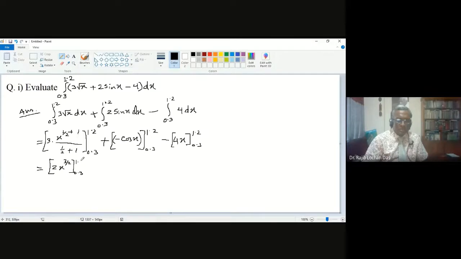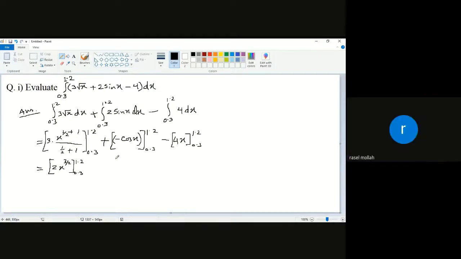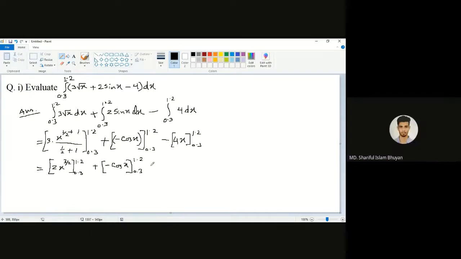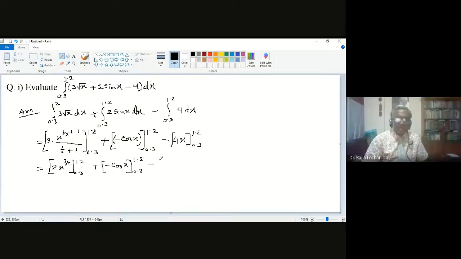Next one is plus, so you can write minus cos x. Let me put the numbers later in the next line. I'm just making everything ready.